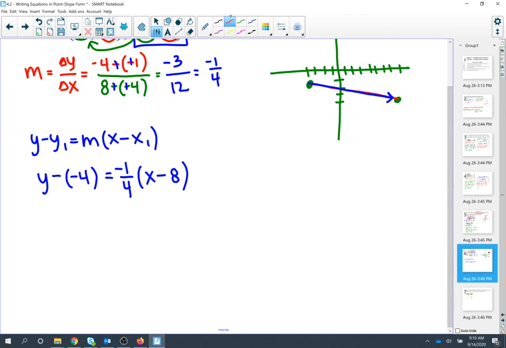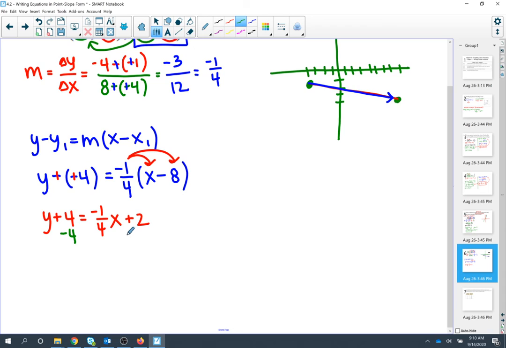Then we have to convert that to slope-intercept form. So y minus a negative is really y plus 4. And then we distribute, so -1/4 x plus 2. And again, if you're not great with that, use your calculator.